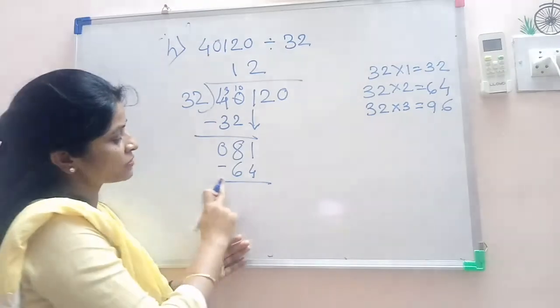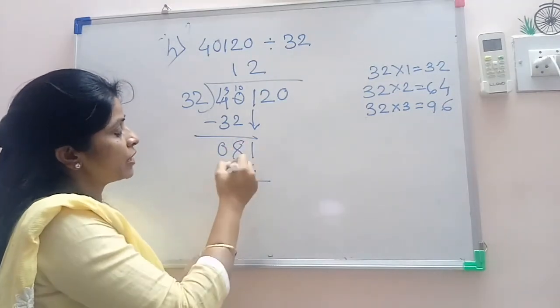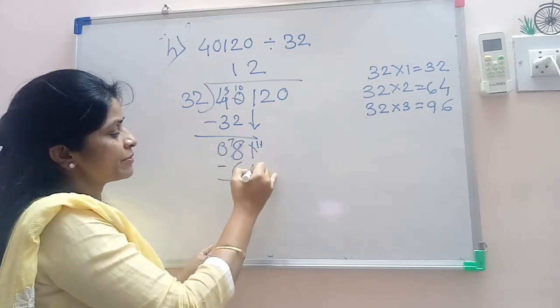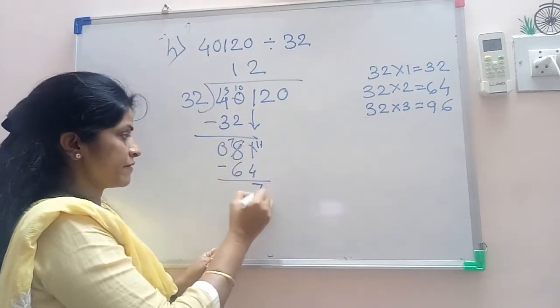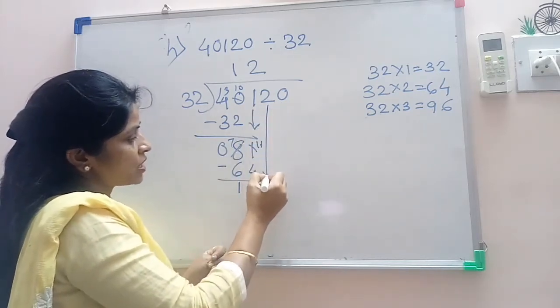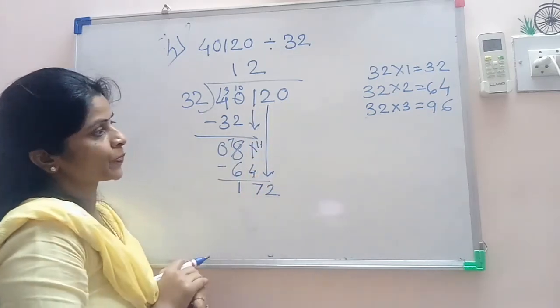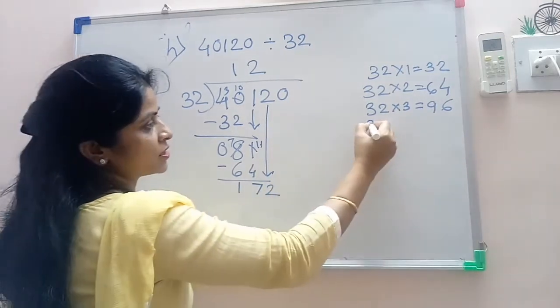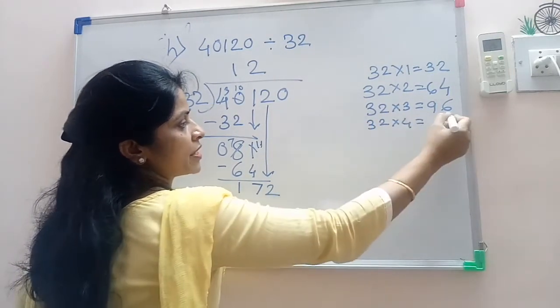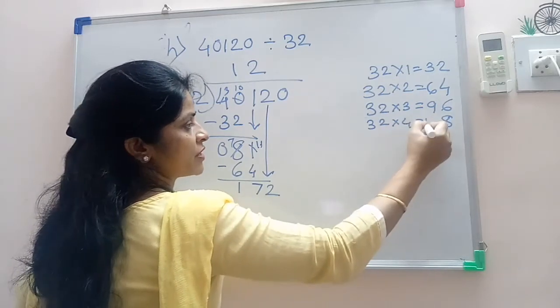Okay. Now the next one. We have to subtract this. Now regroup the number. That becomes 11 minus 4 becomes 7. Now 7 minus 6 becomes 1. And now we will take the next number down, that is 2. Okay. Now we will see 32 fours are 4 twos are 8, 4 threes are 12.